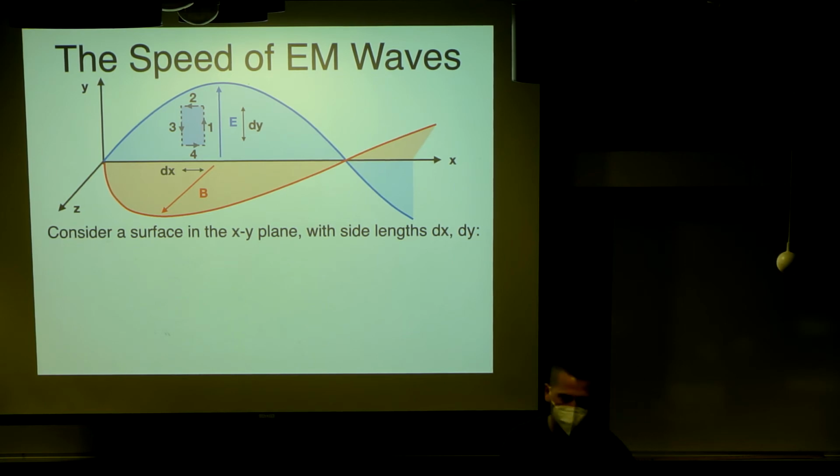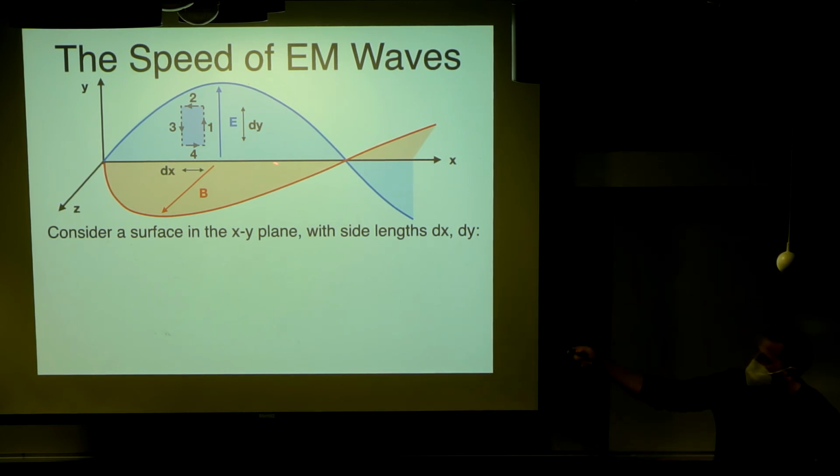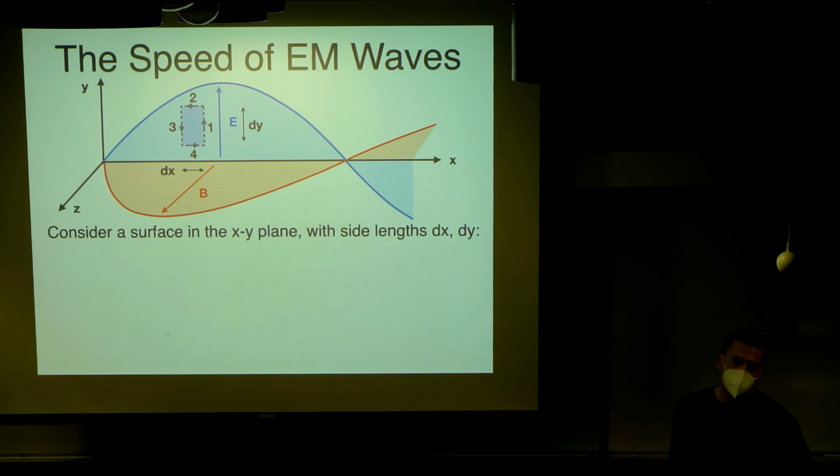It's basically a little rectangle, and the lengths are dx, the distance it takes up on the x-axis, and dy, the distance it takes up on the y-axis. That rectangle forms a loop, which we can integrate around. When it comes time to do that, I'm going to label the sides 1, 2, 3, and 4.